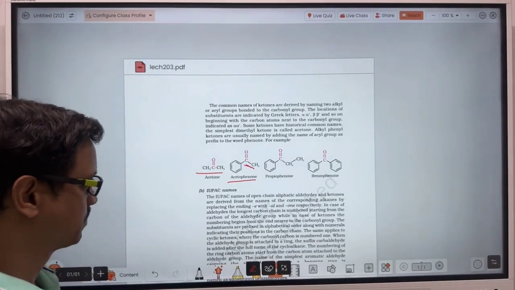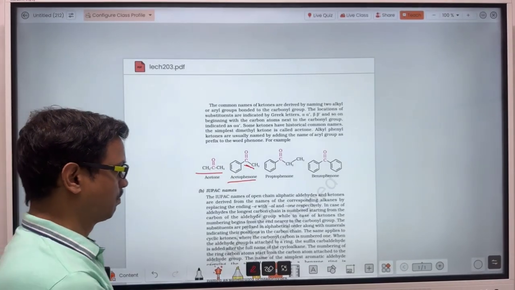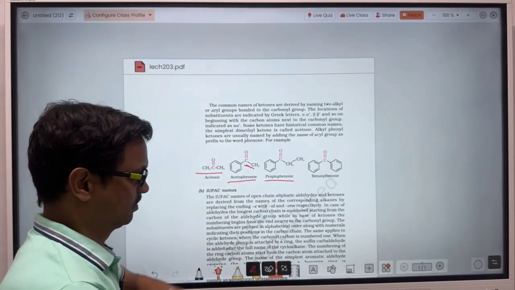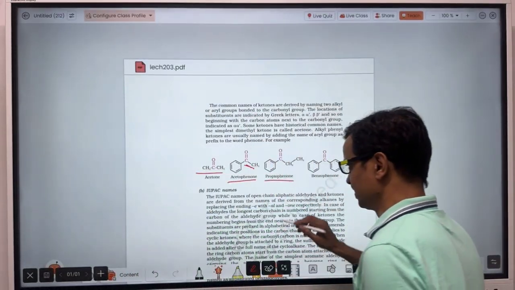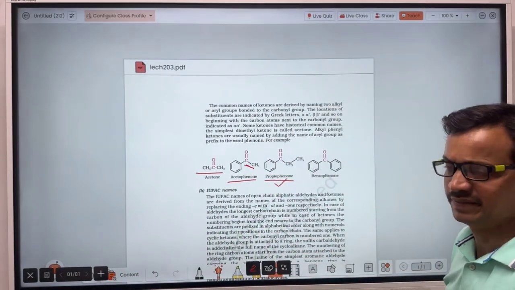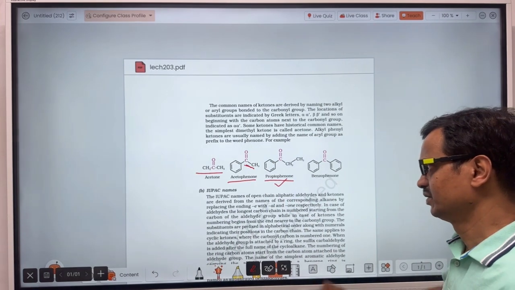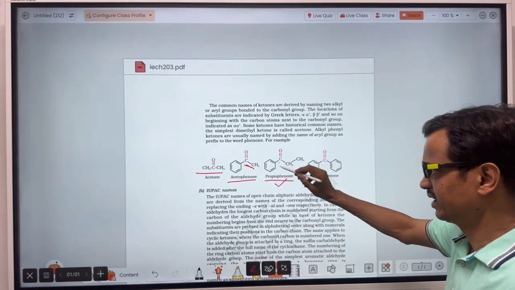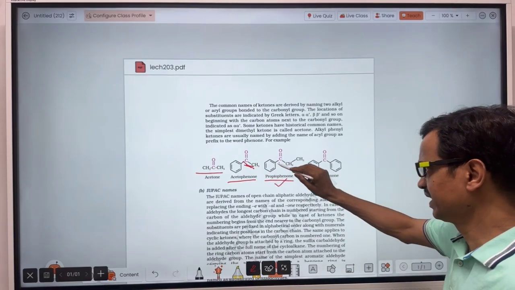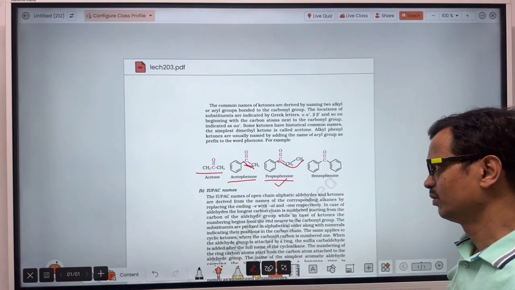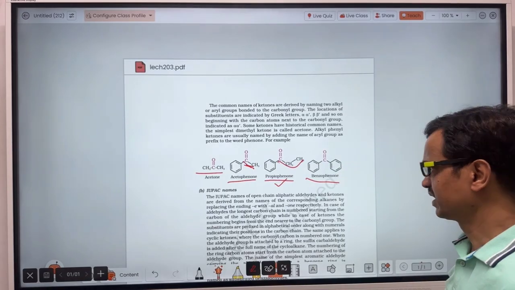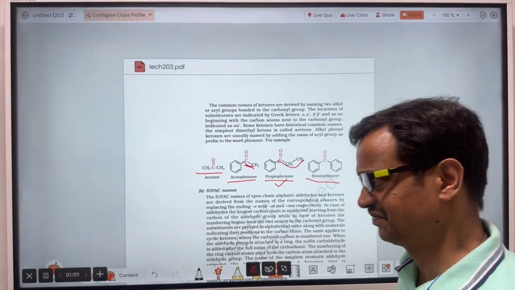Propanone with a phenyl group is commonly called propiophenone. Guys, keep this common name in your mind. Like acetophenone, here a propane is attached, so that's why propiophenone. And with benzene on both sides, that is called benzophenone.